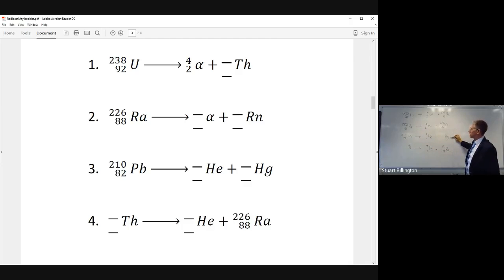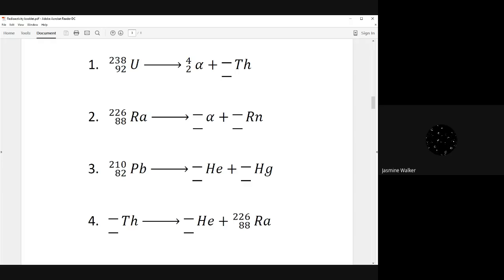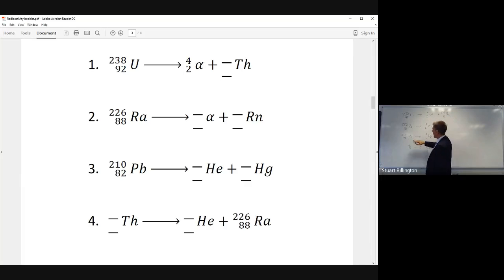Okay, next. Anyone know what element Pb is? The Romans used to call it plumbum. Lead. It is lead. Okay, so lead is the proud owner of 82 protons and 210 protons and neutrons altogether. 4 and 2 left, leaving this element.